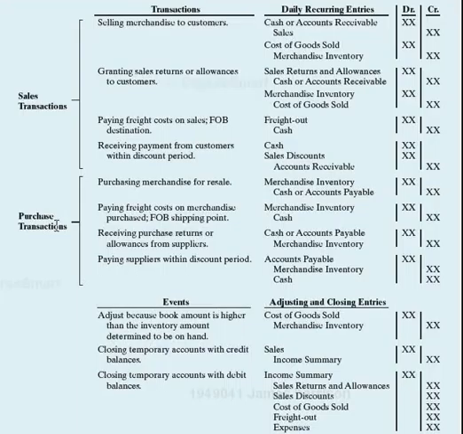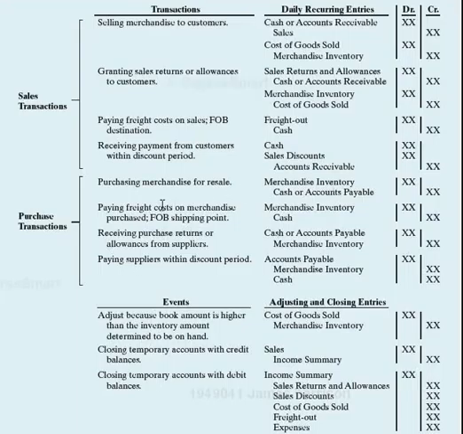Now, if we go to purchase transactions, the purchase transactions are basically Walmart buying from their wholesaler. An example would be purchasing merchandise for resale. They're going to debit merchandise inventory, credit cash or accounts payable, and this is the same thing that we went through in exercise 5.2 in this week's homework.